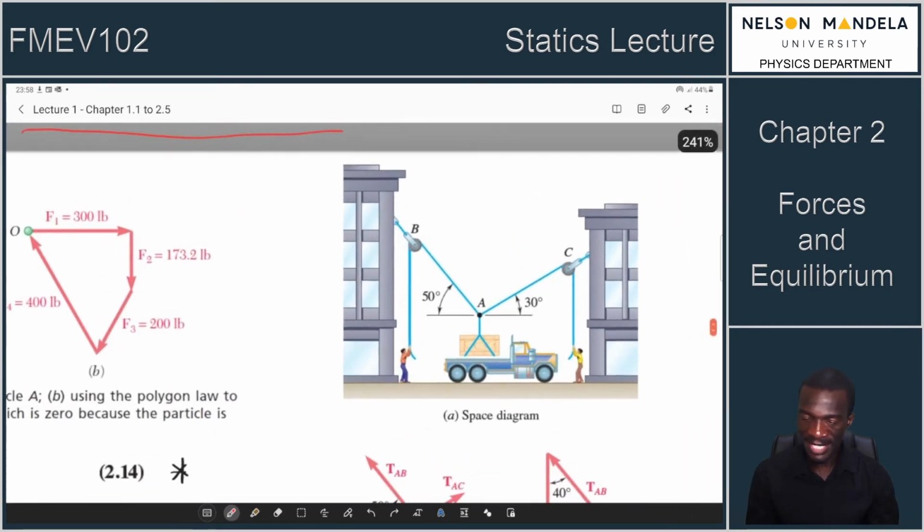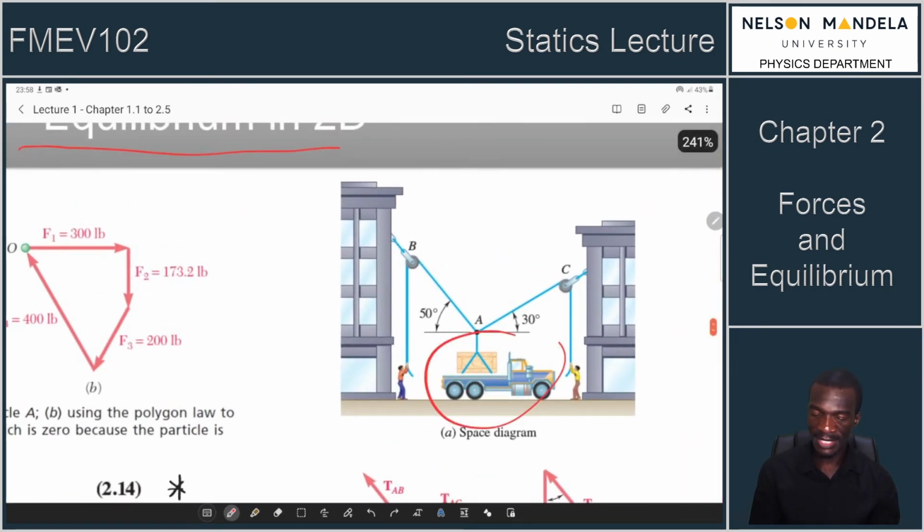So in this space diagram, for example, you've got a truck and there are 2 loaders that are using pulleys. So there are some ropes that are hinged through pulleys, and if they pull, they can load or unload this truck. Hopefully it's not too heavy an object. But for you to analyze this, it is best that you redraw this diagram.